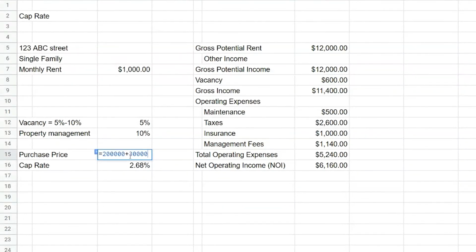Property management. Now, I have a NOI, or net operating income, of $6,160, which is great, but let's use that example on that property that we talked about earlier.